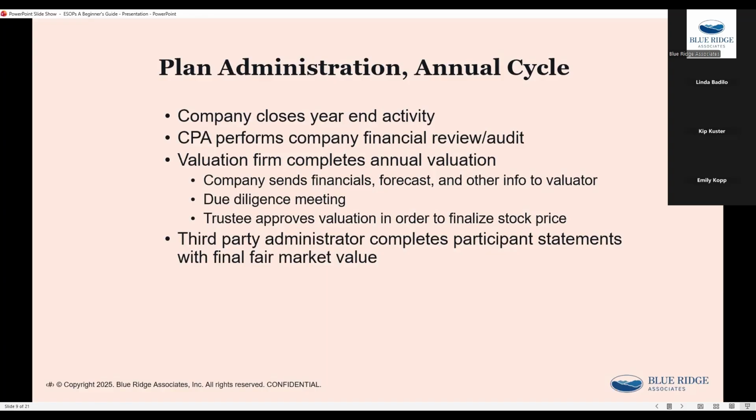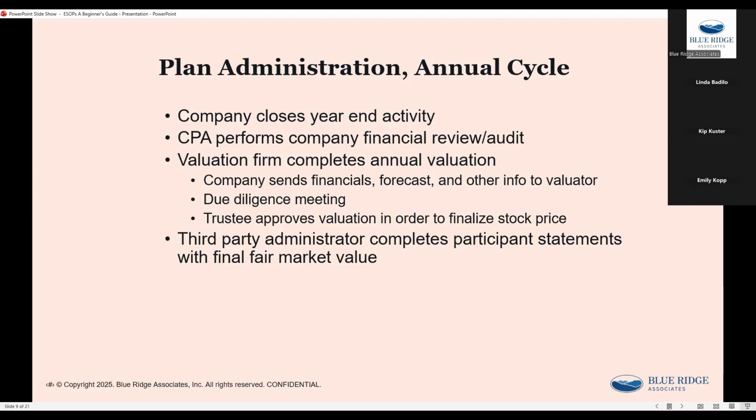And then once they finish analyzing the company's financials and conducting their due diligence, they'll provide their findings and draft valuation of the company's stock to the trustee. And the trustee is the one who will approve the valuation in order for the determination of the fair market value to be finalized.